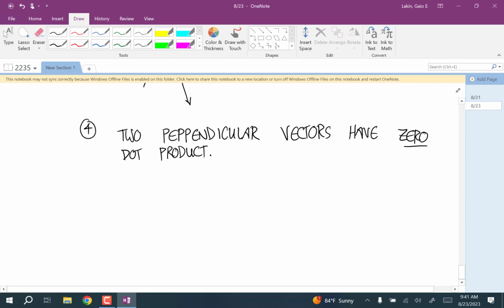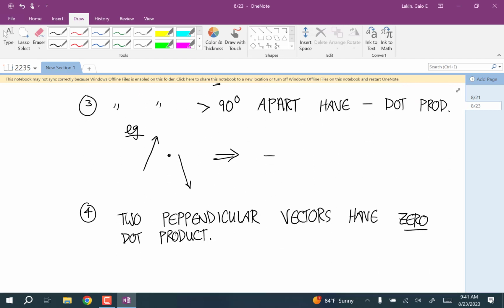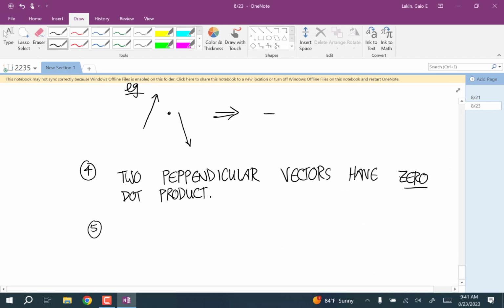And then the last fact, this is a lot of facts. But the last one is that order doesn't matter for the dot product.